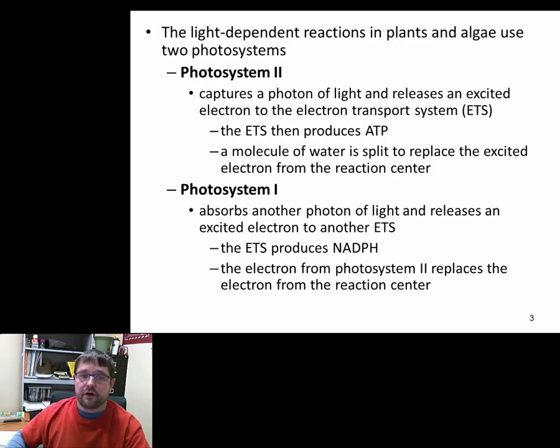Well, that's where this electron goes, it gets attached to NADP to form NADPH, and then NADPH can carry it somewhere else. So again, the electron that's lost from photosystem 1 comes from photosystem 2. The electron that's lost from photosystem 2 comes from the splitting of water. Okay, so hopefully that makes a little bit of sense. Now we're going to go through each one of these in even more detail in just a little bit.